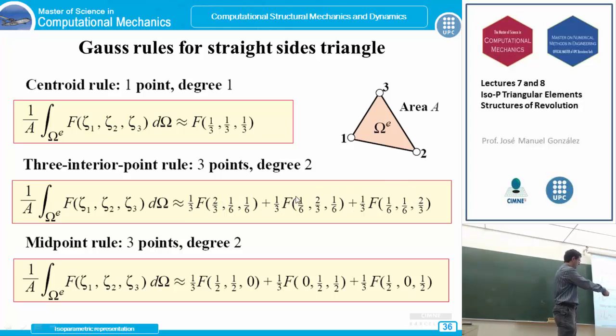So these are 3 points located in the interior of the triangle, and this midpoint rule again considers 3 points of integration, so it guarantees 2 degree polynomial integration. But now the location of these integration points is at the midpoints, so the natural coordinates involve 1/2, 1/2, and 0 for all of them, and this weight is again 1/3, 1/3, and 1/3 for the 3 terms of the numerical integration.